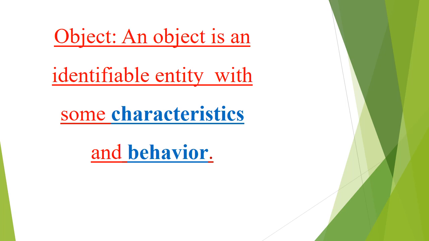That means all the objects have characteristics and behavior. So the two features of an object are characteristics and behavior. So an object is an item or a thing that can be identified with some characteristics and behavior.